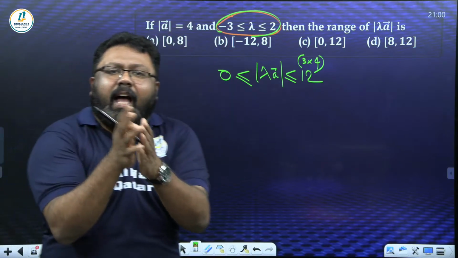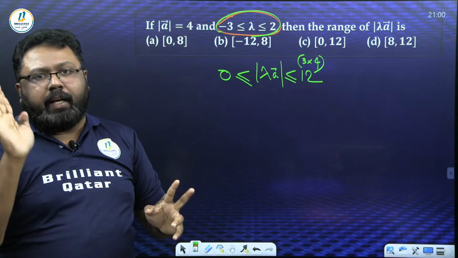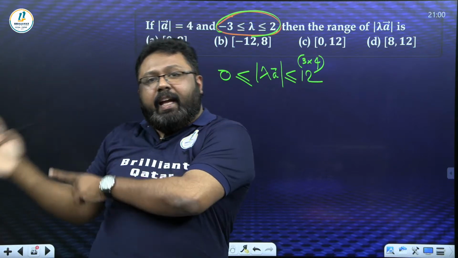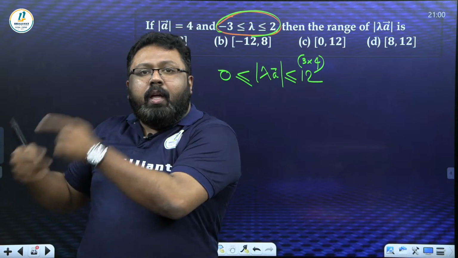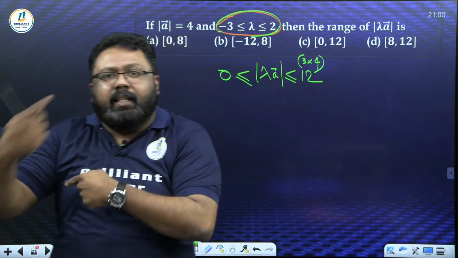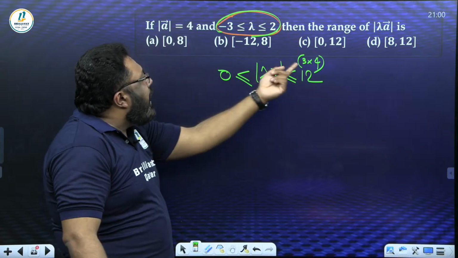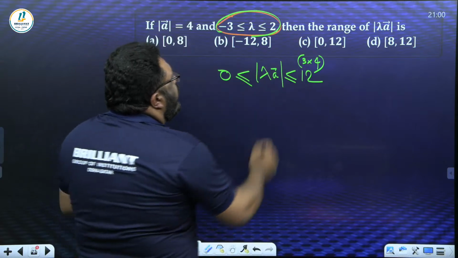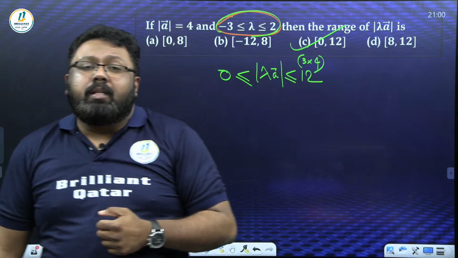The highest value on the positive side is 2 into 4, which is 8. But the highest value on the negative side is minus 3. But because you're calculating magnitude, which automatically squares inside the root, you can take it out as positive. So positive 3 comes out. 3 into 4, 12. So the magnitude range is between 0 to 12.